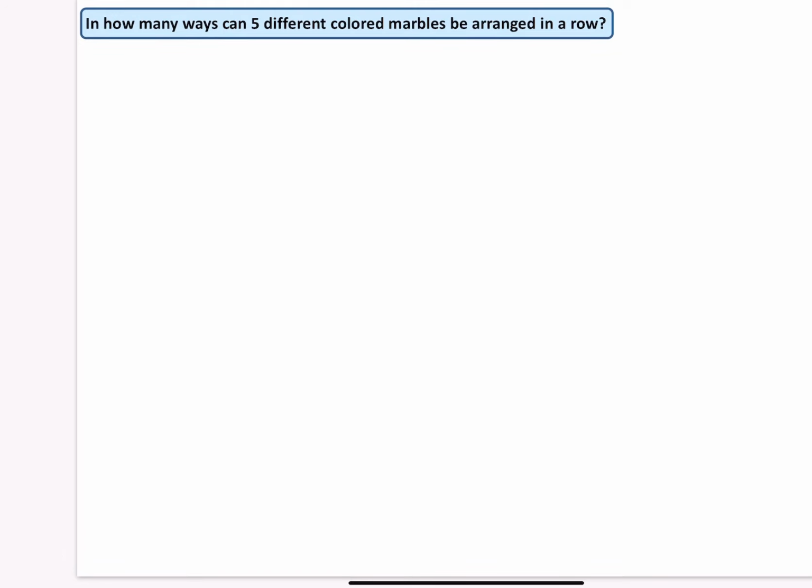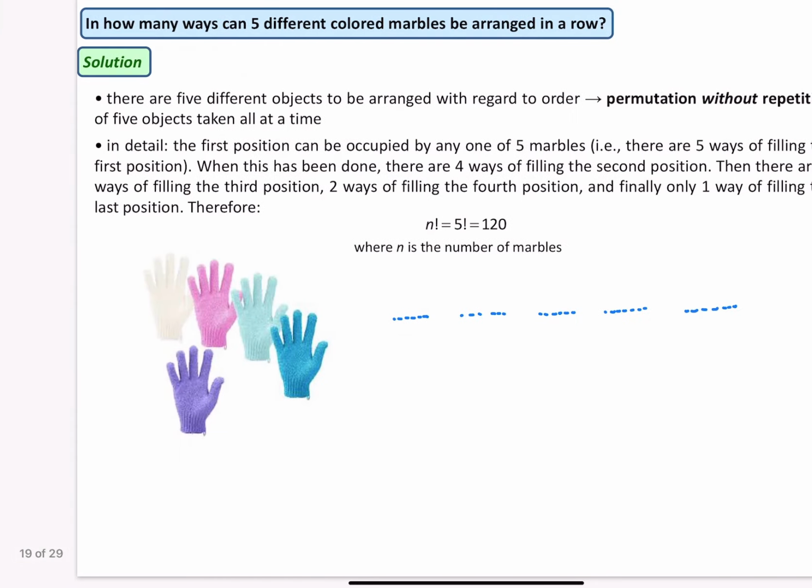Here, this is an example: in how many ways can 5 different colors of marbles be arranged in a row? Let us assume any colors, marbles or gloves or whatever. So I have 5 colors here: 1, 2, 3, 4, 5.